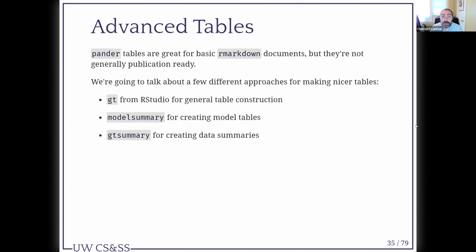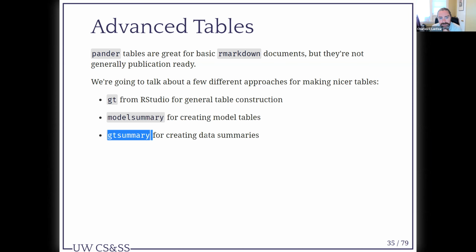So I'm going to talk today about a few different approaches for making nicer tables. The first thing I'm going to talk about is the GT package from RStudio, which is a general table construction package. It's very powerful and flexible. It's also a little bit new, so it doesn't quite do everything yet. Then I'm going to talk about model summary, which is specifically for creating tables out of your model objects.